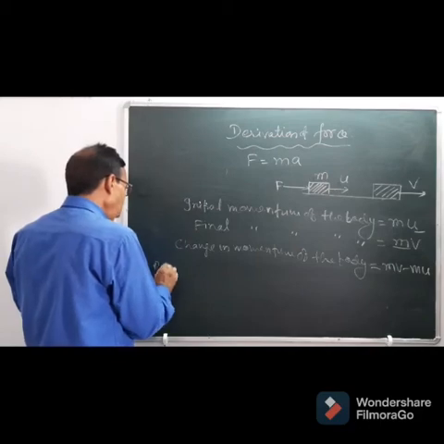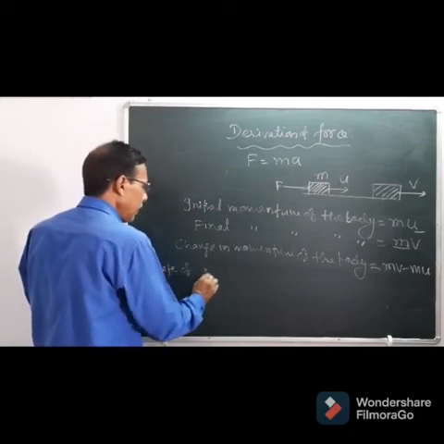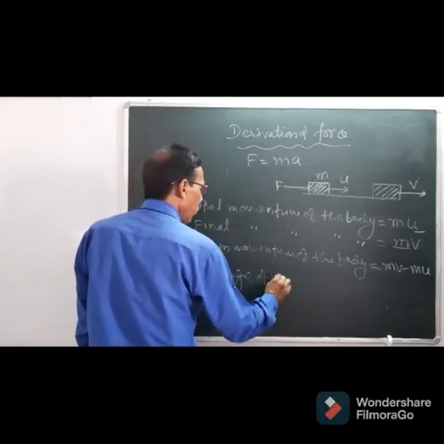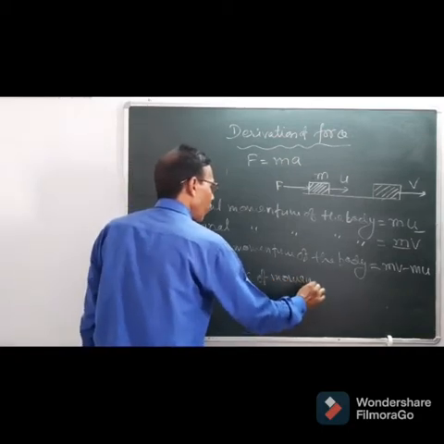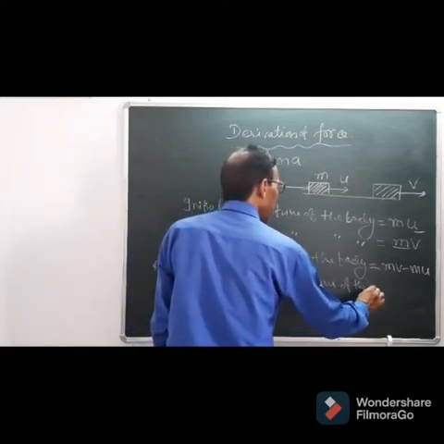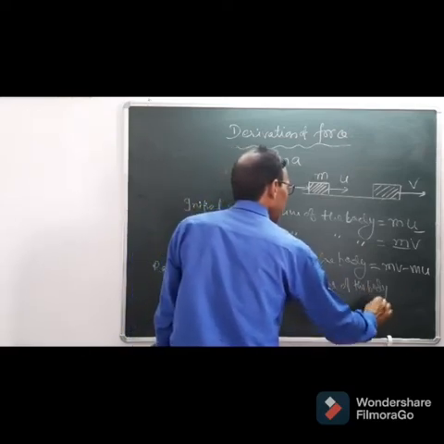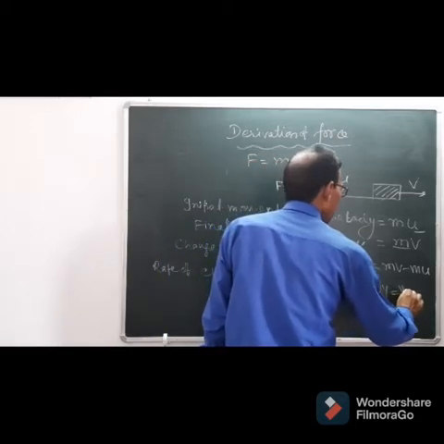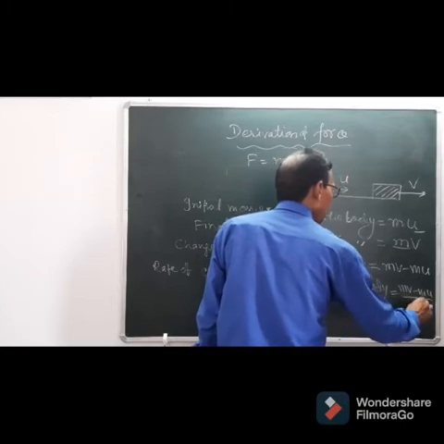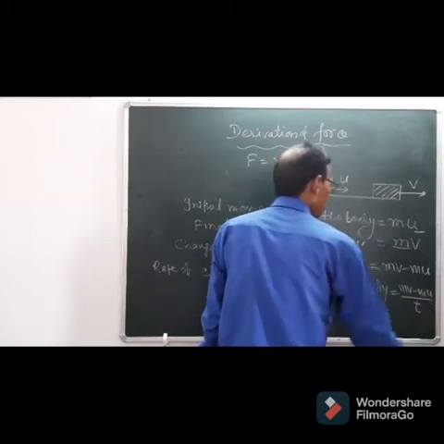And the rate of change of momentum of the body is equal to (mv minus mu) by t.